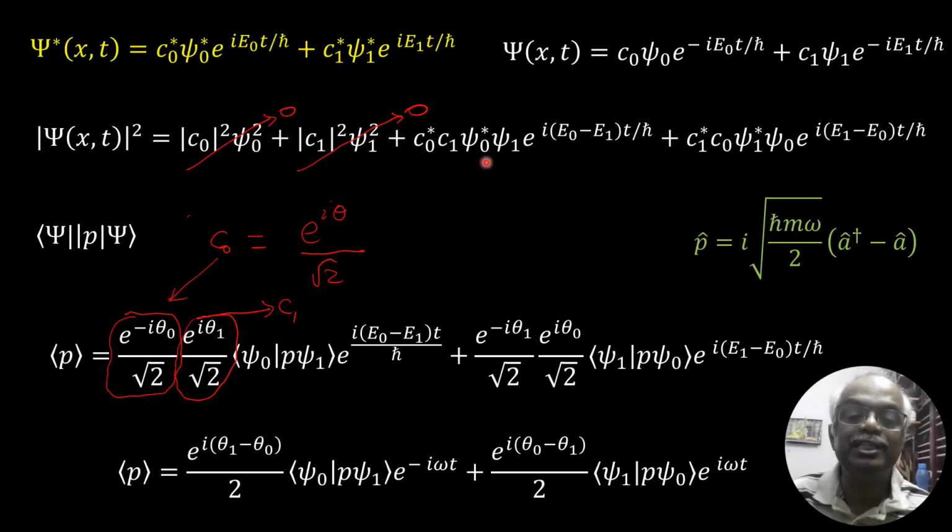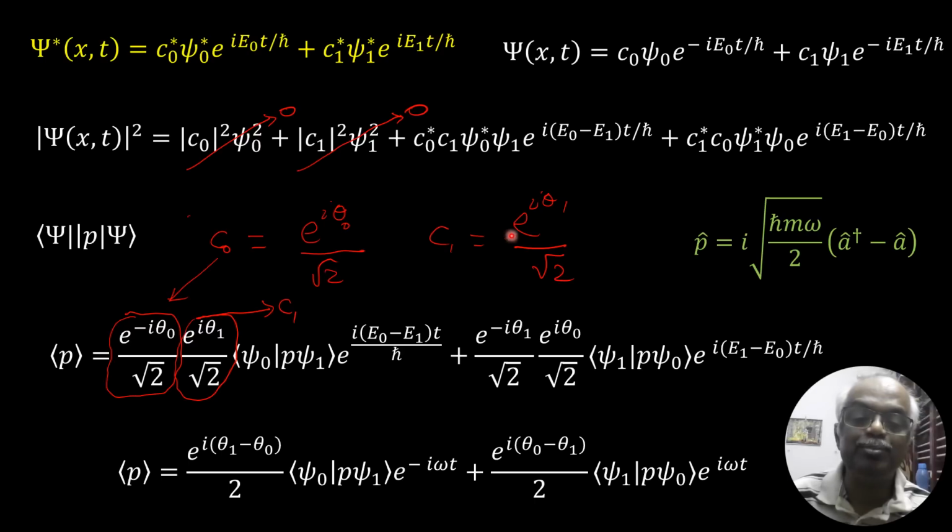So next you have to take the inner product of psi naught with psi 1. Then this exponential term will come automatically. Same thing, you apply C1 star, which is the complex conjugate of C1. We have seen C1 is e power i theta 1 over square root of 2.